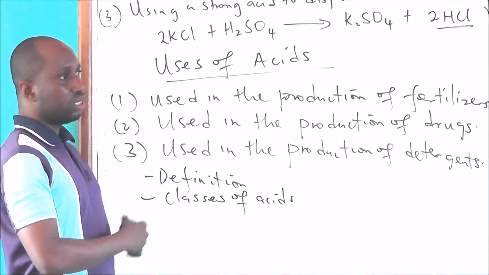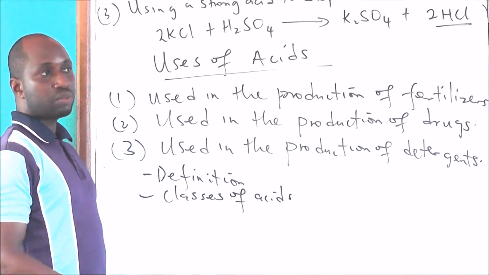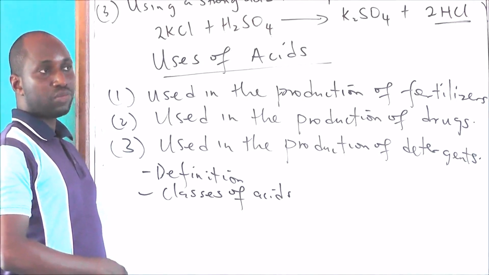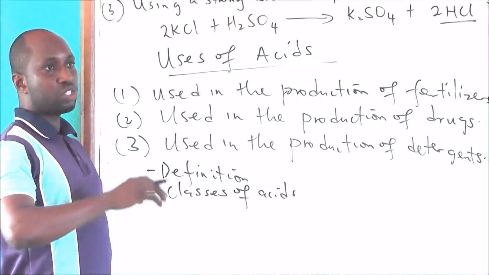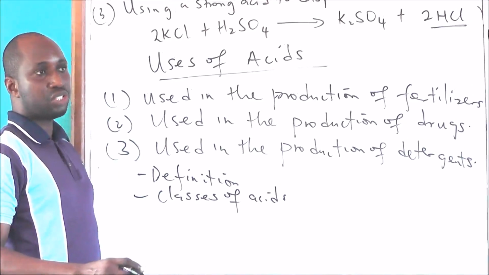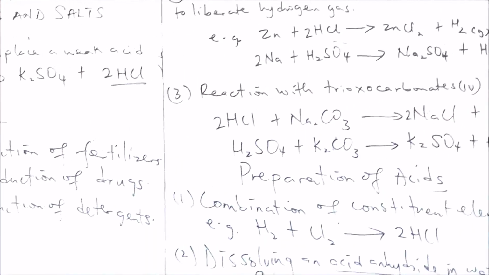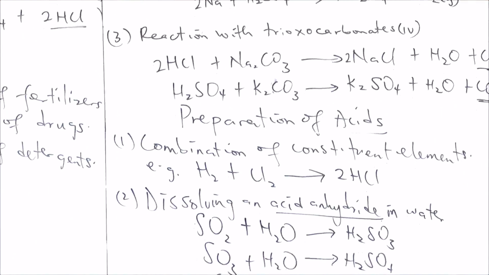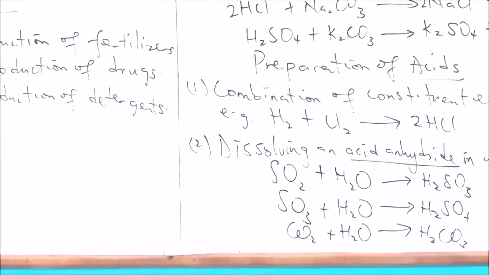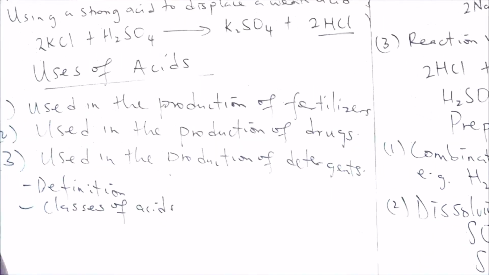Then we have looked at concentrated acid and dilute acid. When you have a large amount of water and a small amount of acid, that is a dilute acid. But when you have a small amount of water and a large amount of acid, that's concentrated acid. Then we looked at strong acid and weak acid. Strong acid ionizes completely in water.